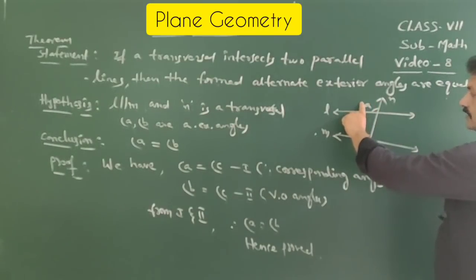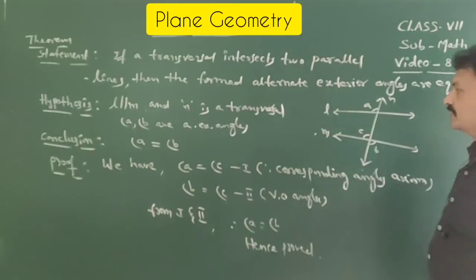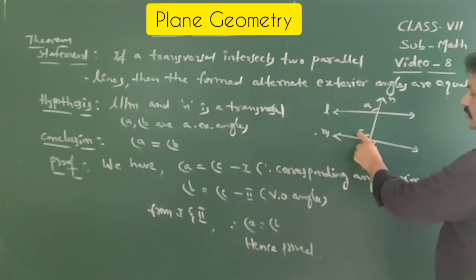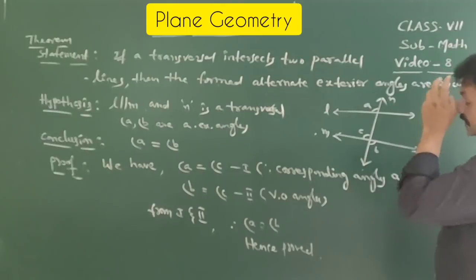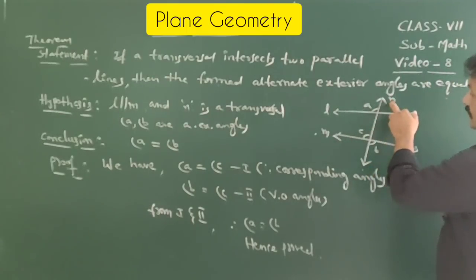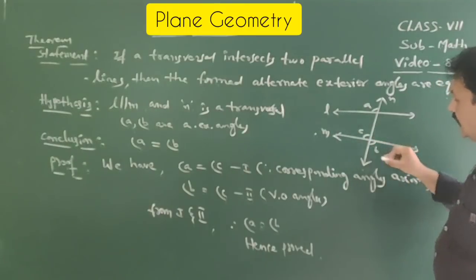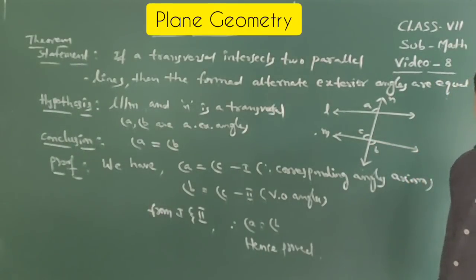According to the corresponding angles axiom. What is the corresponding angles axiom? If the transversal intersects two parallel lines, the formed corresponding angles are equal. So A equal to C we have. B equal to C, vertically opposite angles, because here M and N are intersecting lines, and angle C and angle B don't have any common arm.